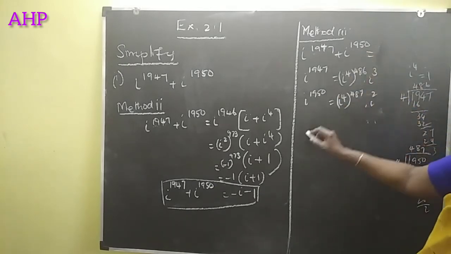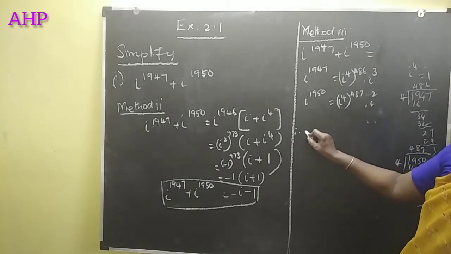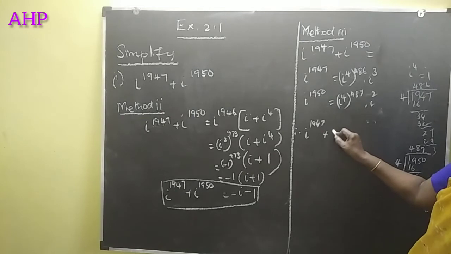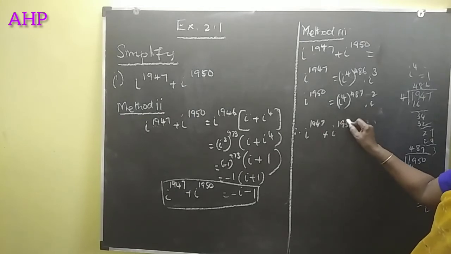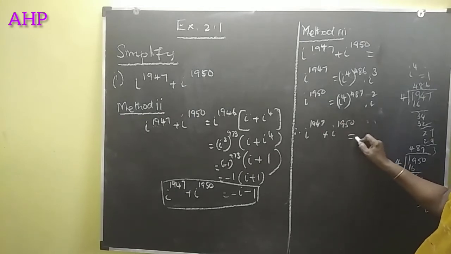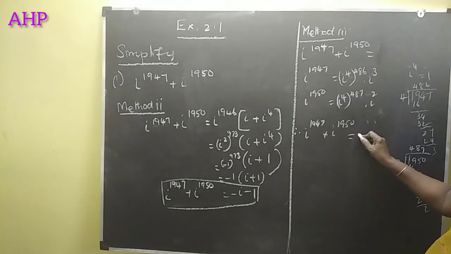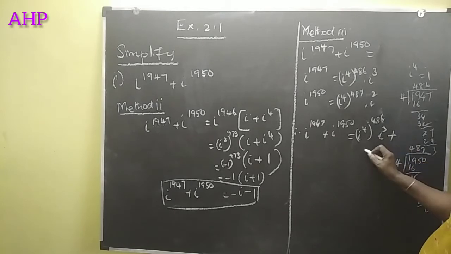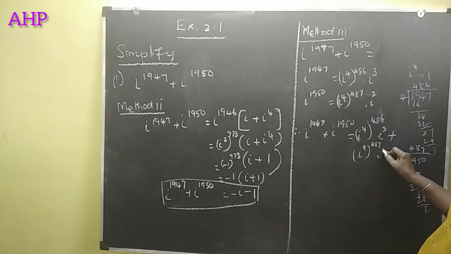So therefore i^1947 plus i^1950 can be written as (i^4) the whole power 486 into i cube plus (i^4) the whole power 487 into i square.